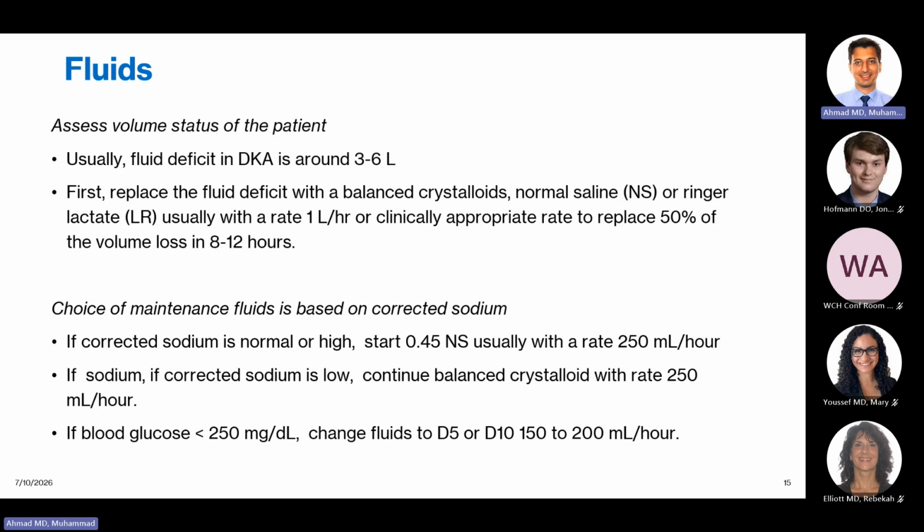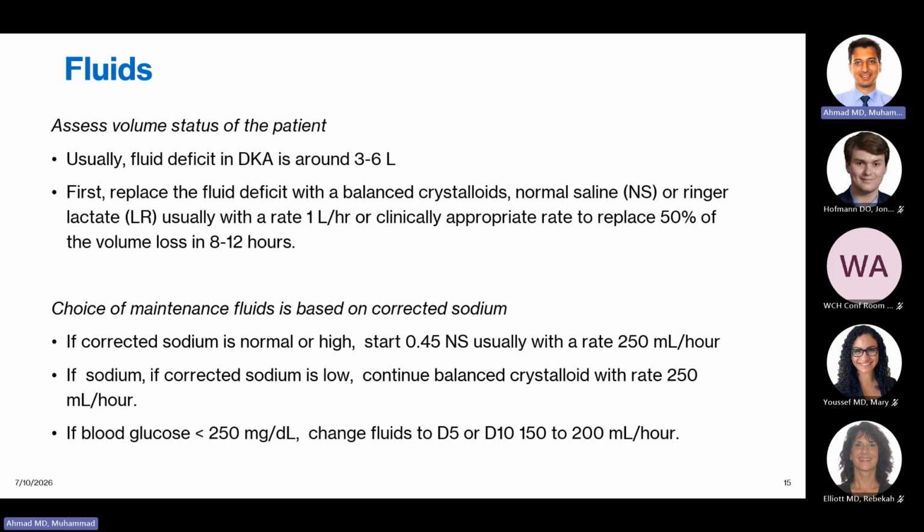There are two: normal saline or lactated Ringer's. Usually they are started initially when the patient presents to the emergency department at the rate of 1 liter per hour. We have to replenish at least 50% of the volume loss in 8 to 12 hours, and the volume deficit has to be managed with isotonic fluids.